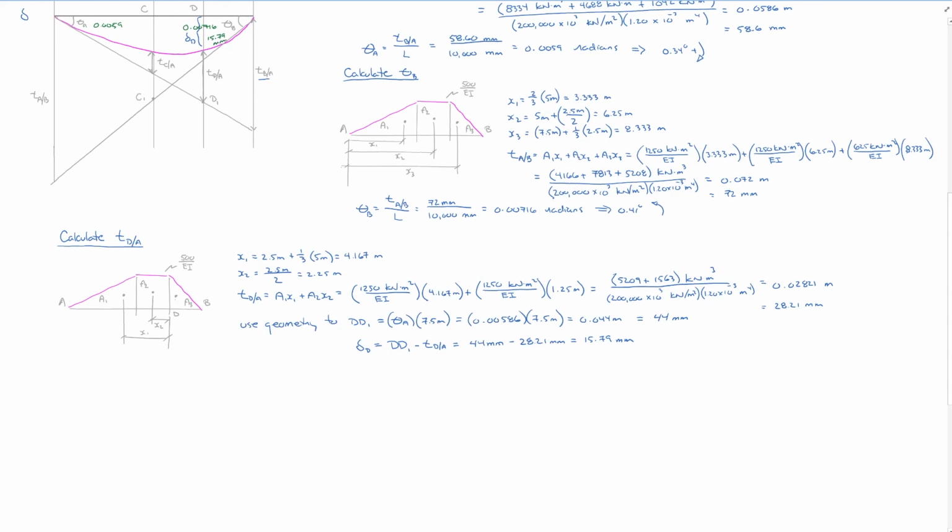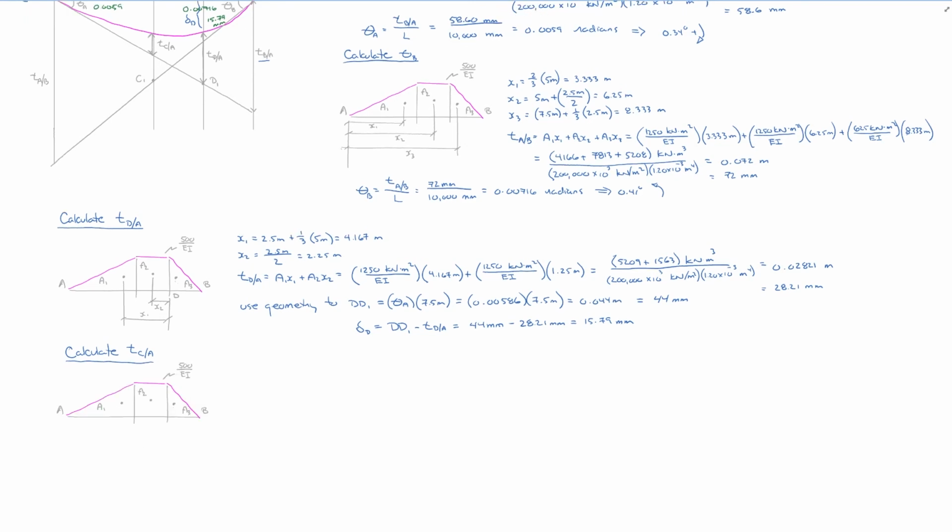And so we just have to do that one more time at point C, and then this question will be done. So again, I'm just going to label this up. I'm going to start by calculating the tangent distance at C relative to A. So I'm going to paste my diagram down here and get ready to go.